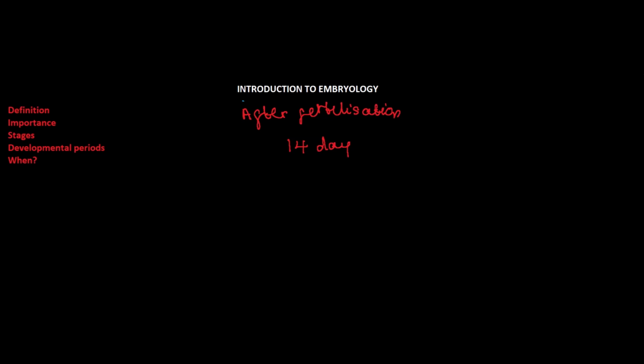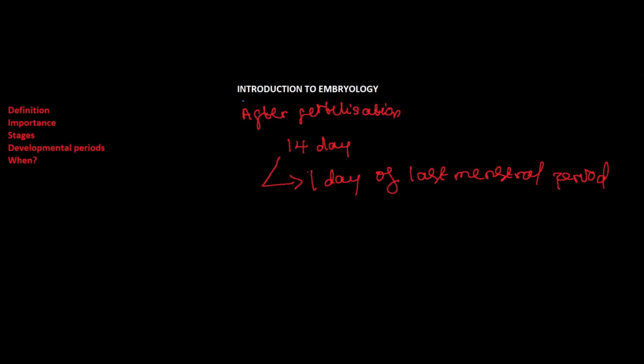Development takes place after fertilization, and fertilization takes place approximately 14 days after the first day of the last menstrual cycle, or rather the last menstrual period. Okay, so let's take it again. Development starts after fertilization, and fertilization takes place approximately 14 days after the first day of the last menstrual cycle.